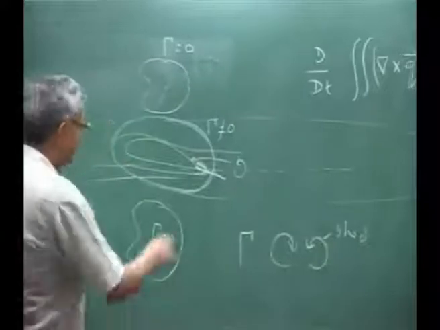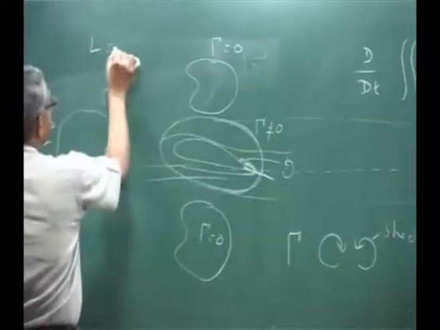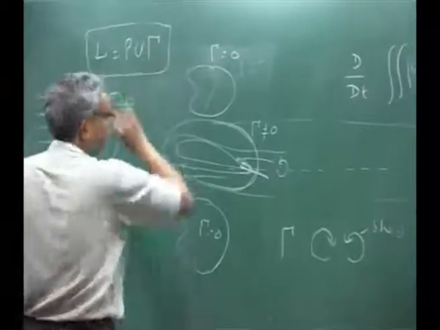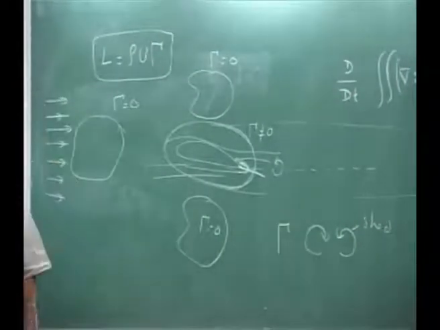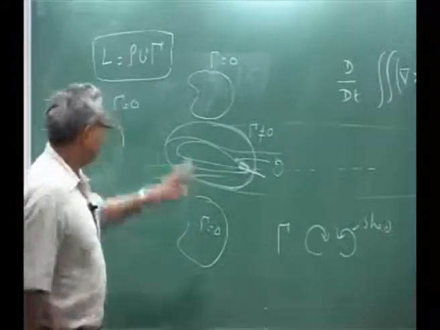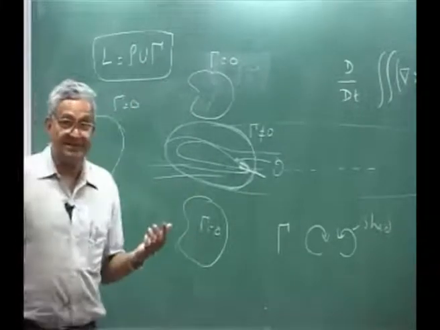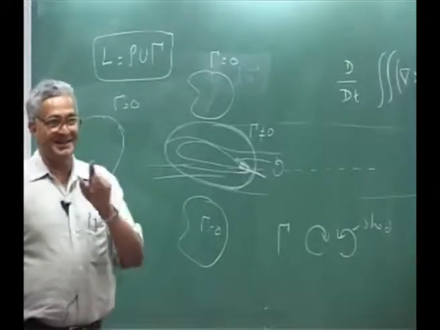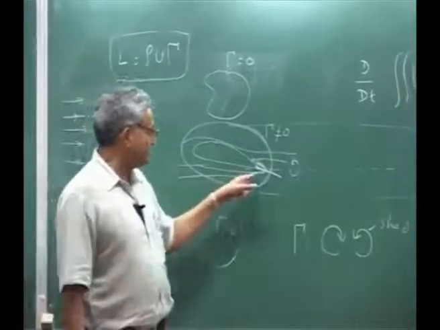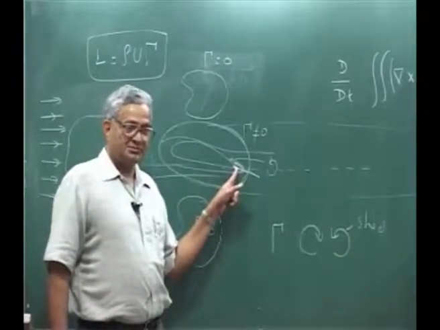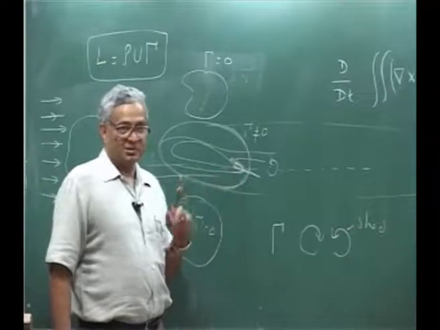Now you say my lift on the aerofoil is rho u gamma. This is what you use. Okay. But the only thing is the strength of gamma, because you know density, you know velocity. Strength of gamma is dictated by the condition that the trailing edge becomes a stagnation point.